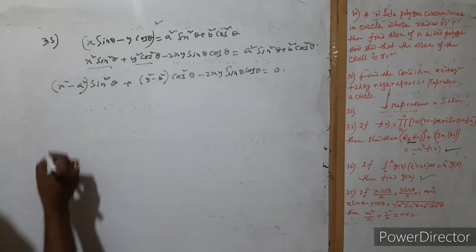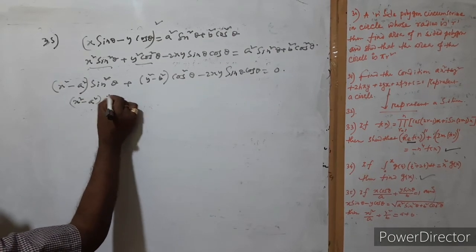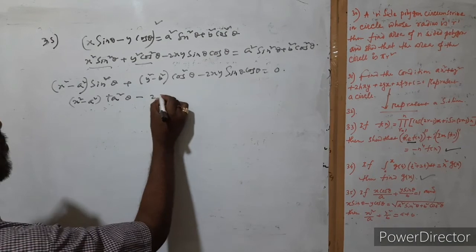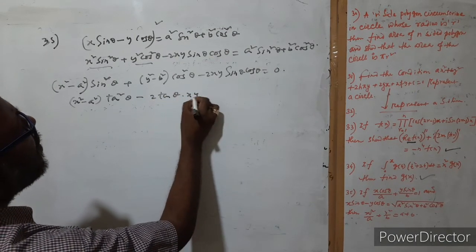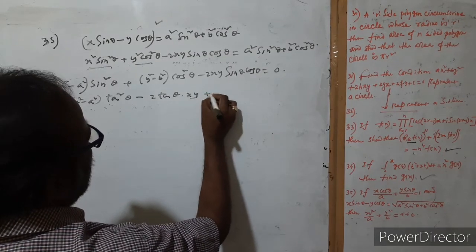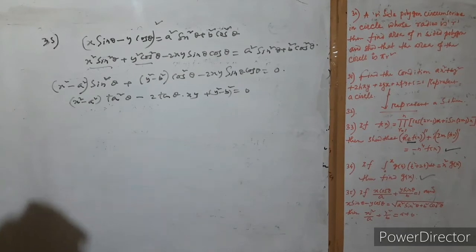Dividing by cos square theta, then we get x square minus a square tan square theta minus twice tan theta into xy plus y square minus b square equal to 0. So here are the two solutions, tan theta 1 and tan theta 2.